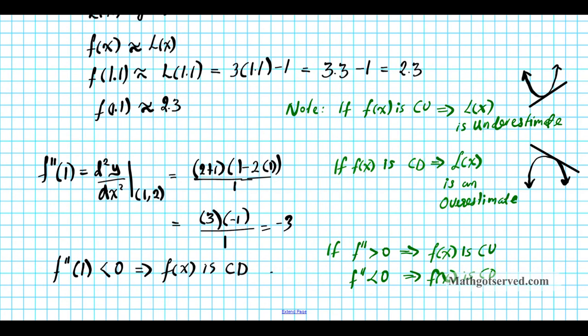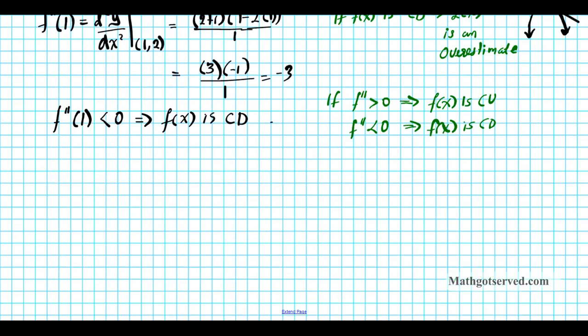Okay? So let's go ahead and write that down. The approximation of f of 1.1, which is the linearization of 1.1, is an overestimate.